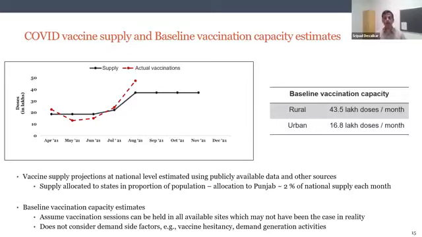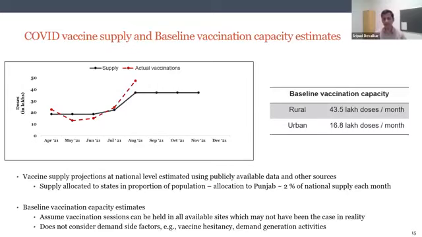That might not be the case in real life, because the way the actual vaccination is being implemented, it requires other infrastructure in terms of network connectivity, etc., so as to be able to verify registrations, which we've not accounted for in our model. And therefore, the actual capacities might be lower than what these baseline capacities suggest.